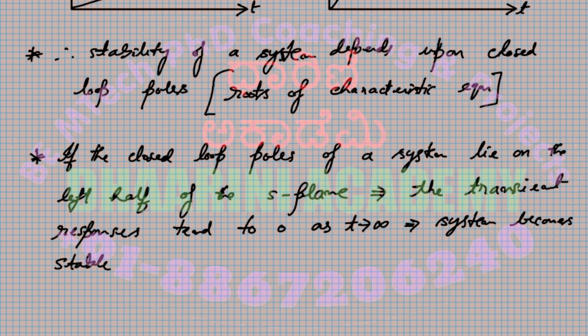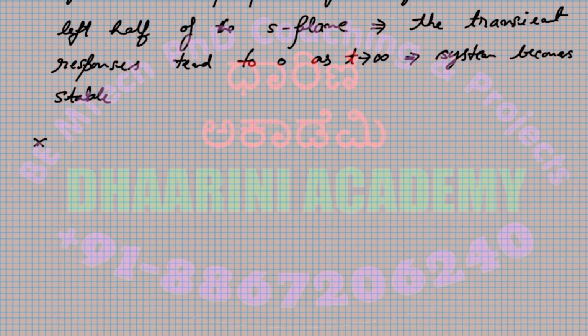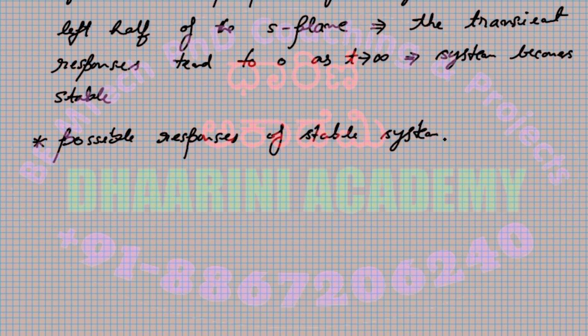Right. So what are the possible outputs? We'll see them. Possible responses of a stable system. One of the following will come.